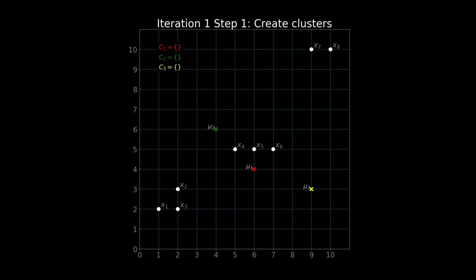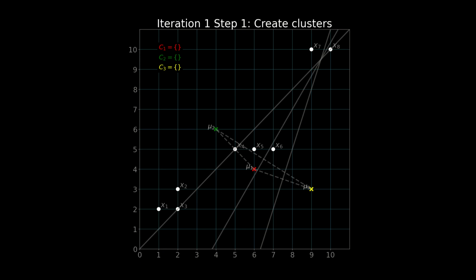First, we plot a line between mu1 and mu2 and draw the perpendicular through the midpoint. We repeat the process for mu1 and mu3 and for mu2 and mu3. We now remove the parts of the perpendiculars that are closer to another point than the points that formed it.